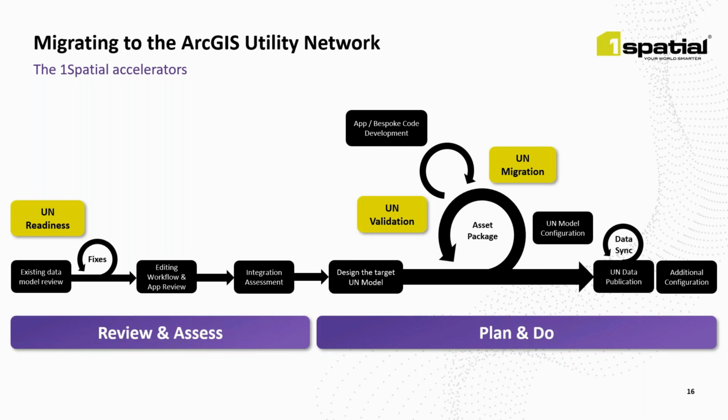Once data is in an asset package, it does mean that in parallel you can be doing other development work, such as applications or looking to replace bespoke code. But we will keep iterating through, so readiness, migration, validate, make sure it's present and correct.